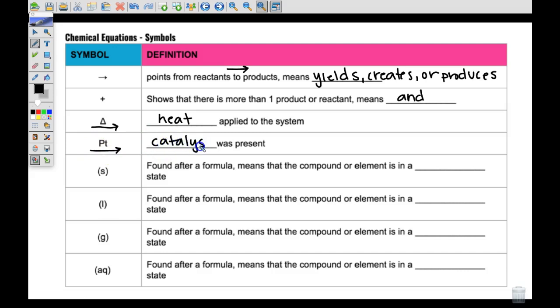So in biology, when you spoke about enzymes, those were catalysts of reactions happening in your body. So a catalyst is a substance that speeds up the reaction. And we can abbreviate reaction as RXN, but it does not become part of the end product.